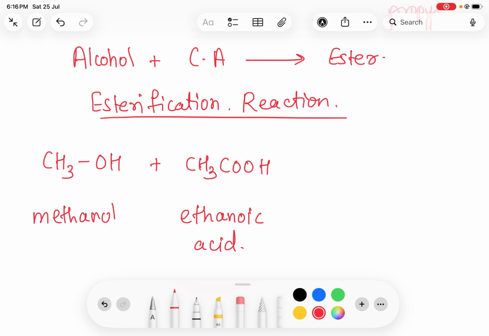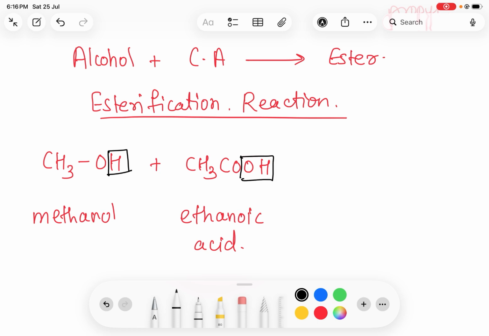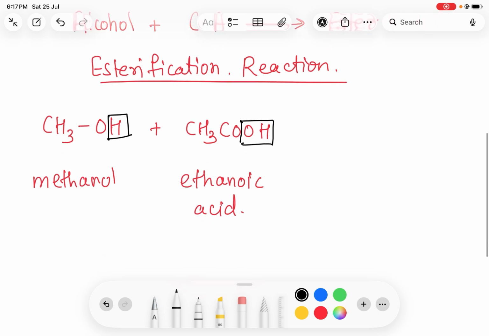Now you have to understand one thing: we will have to remove hydrogen from the alcohol and OH from the carboxylic acid.